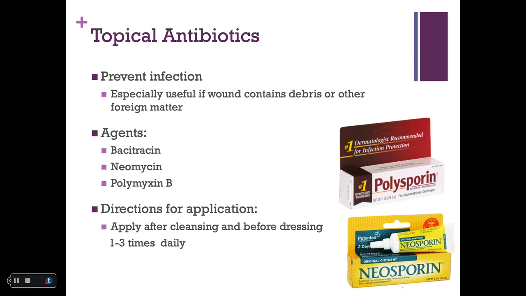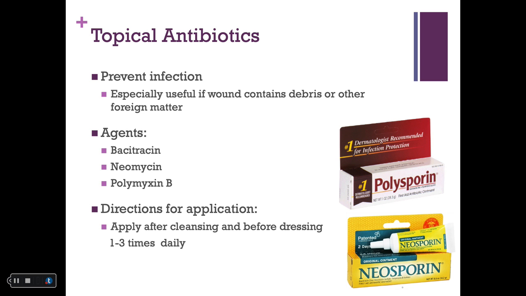Topical antibiotics are going to prevent infection, and these are especially useful when you have debris or some sort of foreign matter in the wound and you're not sure what the contamination is. This is going to prevent potentially any infection. These are all sort of mild antibiotics, so if the patient has clear signs of infection, these may not be tough enough to really make a difference.